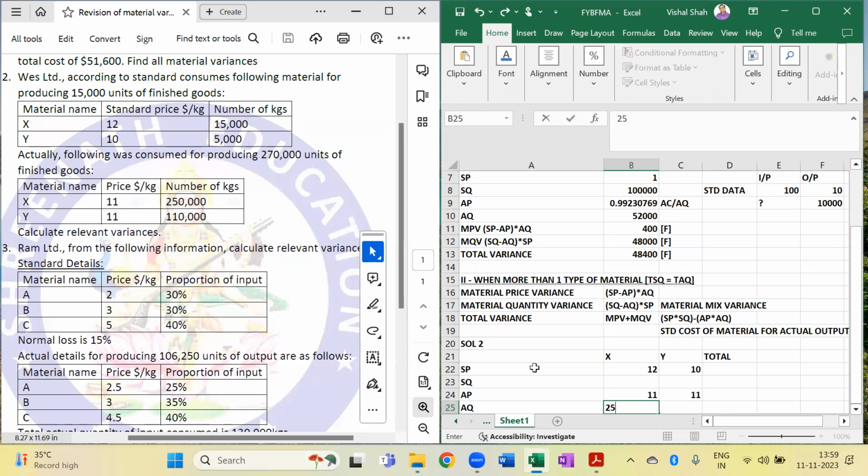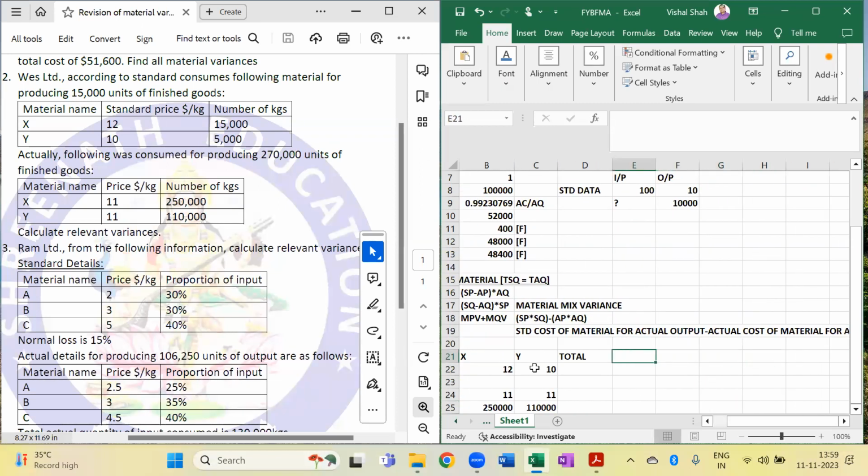AQ is 2,50,000 and 1,10,000. We need to find SQ, because they have given standard for 15,000 units and we are doing it for 2,70,000. So X, Y, and output: they are saying use 15,000 for X, 5,000 for Y, then you produce 15,000 units.